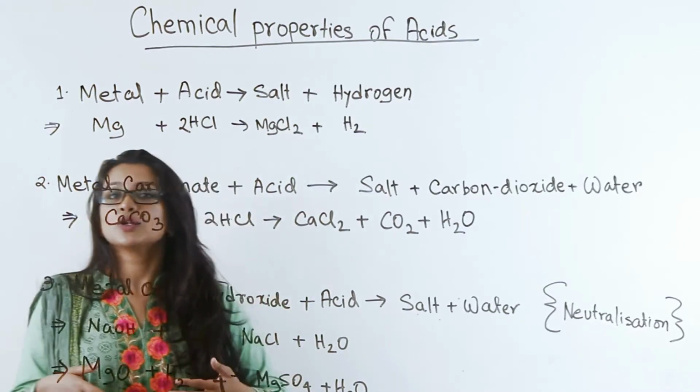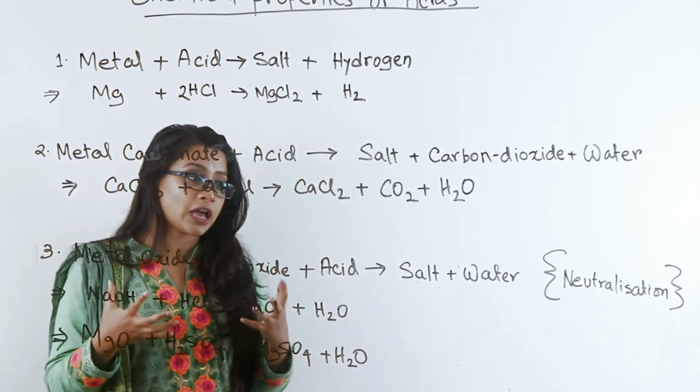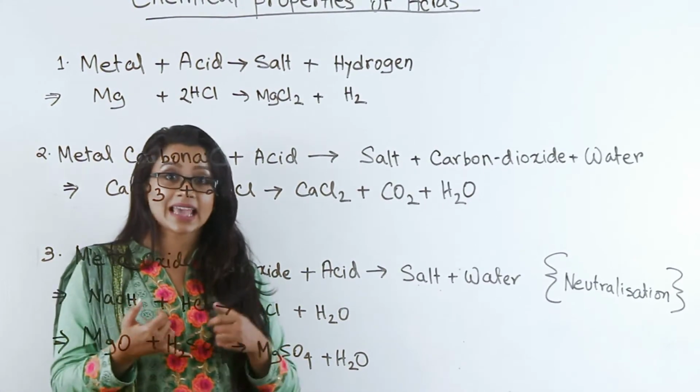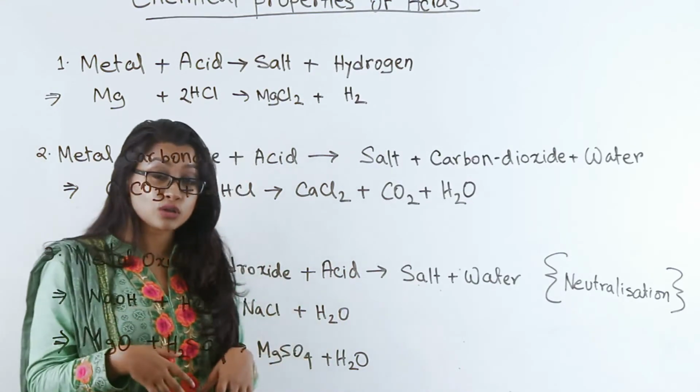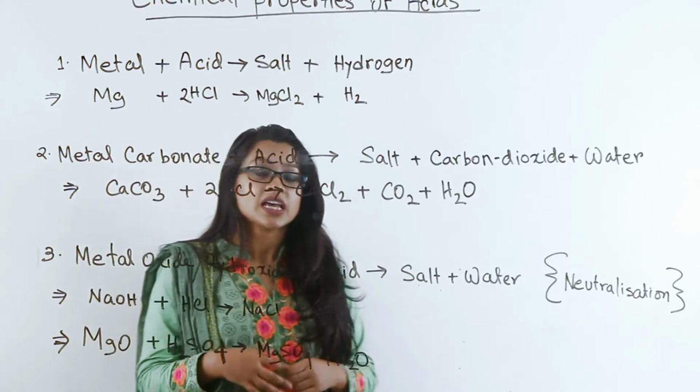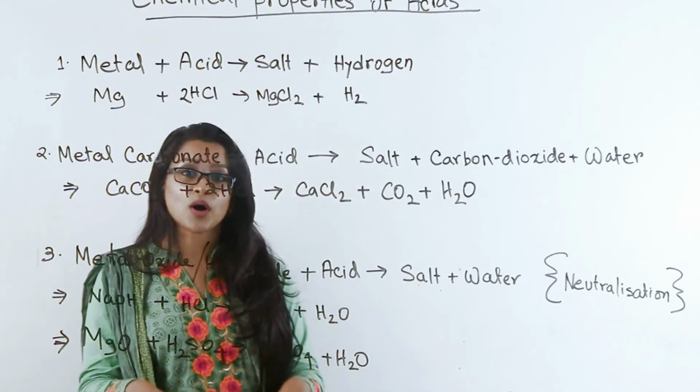And then comes chemical property number 3, which is very common when we are discussing acids and bases. This chemical property, which is also known as neutralization, is important because this is something that happens inside our body as well.